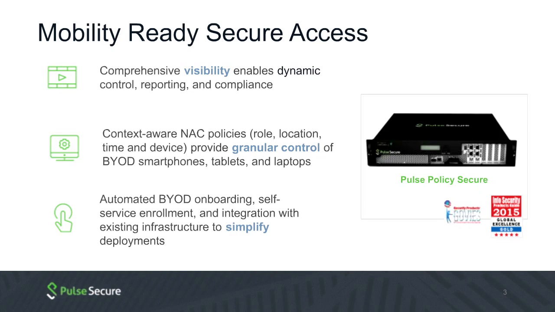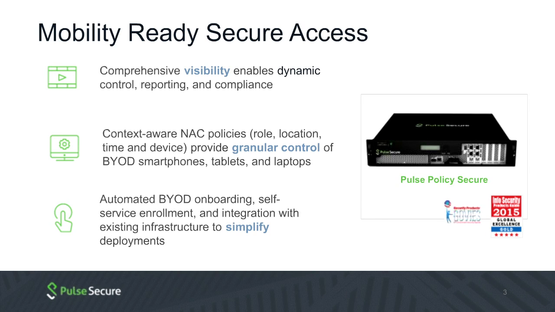The visibility provided enables you to do dynamic reporting to understand not only what IP address is accessing what resource, but what that IP address really represents. Who is that user? What's their role? What are they doing there? This enables better compliance and better compliance with audits of compliance.